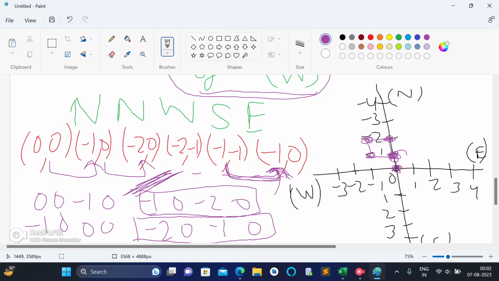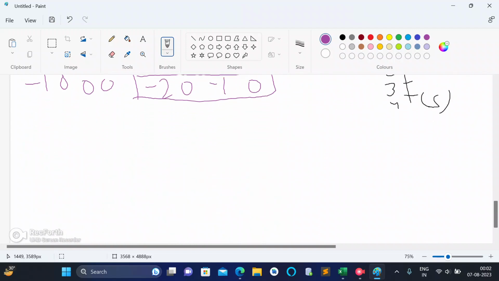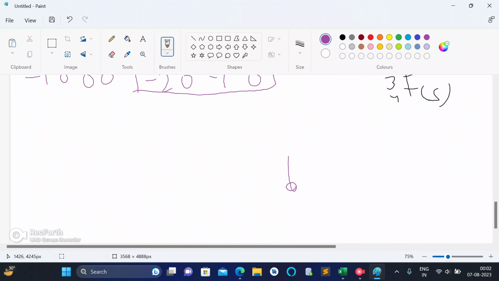So why are we storing both the forward and the backward path? Because it might be possible that first from this point it comes to this point, then to this point, then to this point, and after that it comes down.